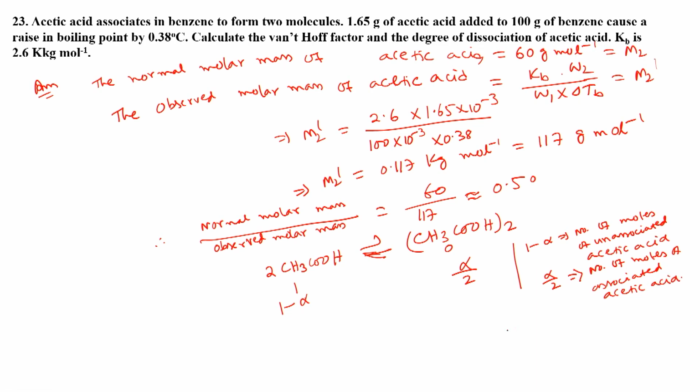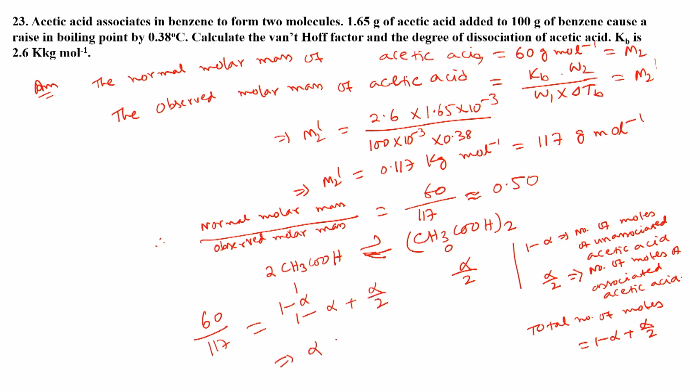Okay. So, total number of moles is 1 minus alpha plus alpha by 2. Okay. So, this gives you 60 by 117 is nothing but 1 minus alpha plus alpha by 2.